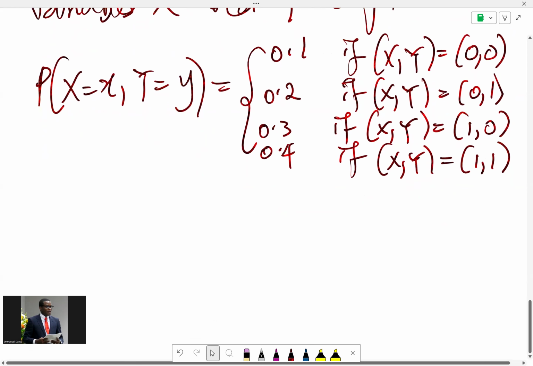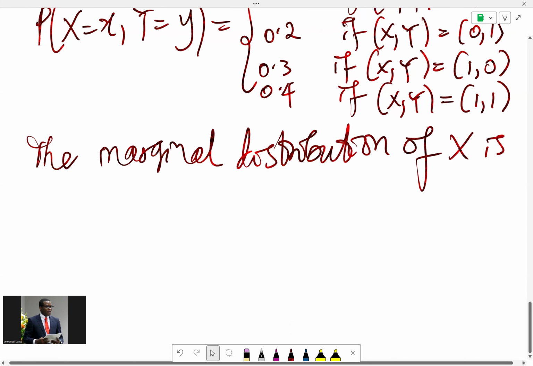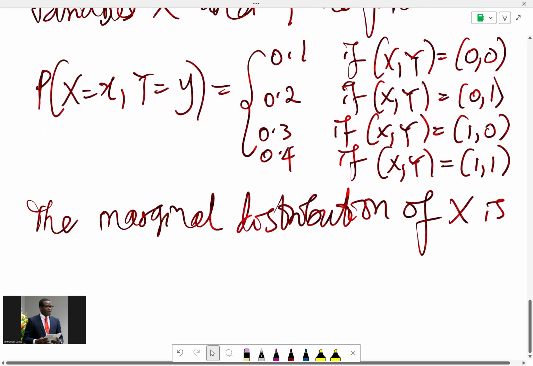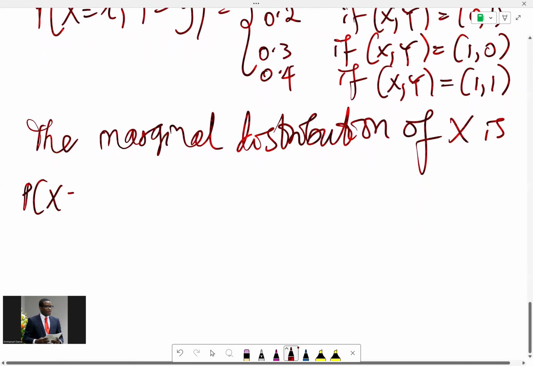So in this case, the marginal distribution of X is probability that X, which can either be 0 or 1. The marginal distribution of X for probability X equals 0 will be the probability of 0, 0, meaning X is 0 and Y is 0, plus the probability that X is 0 and Y is 1.